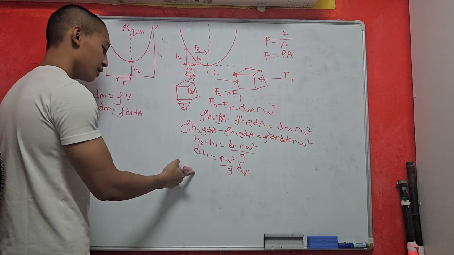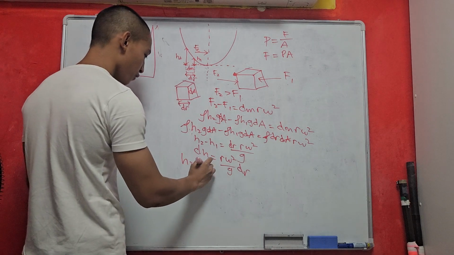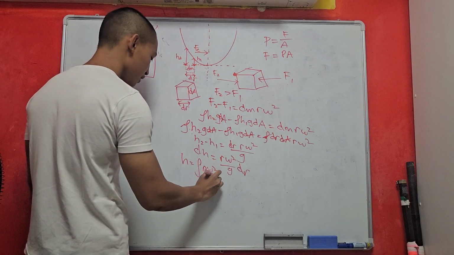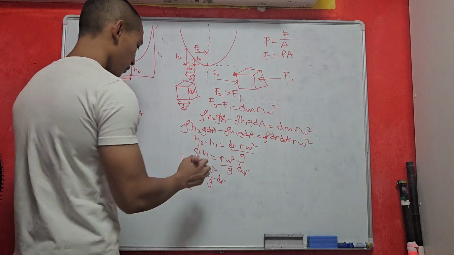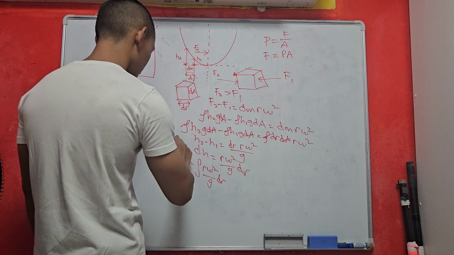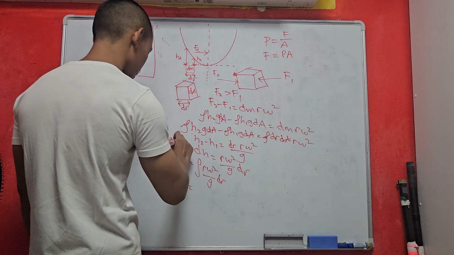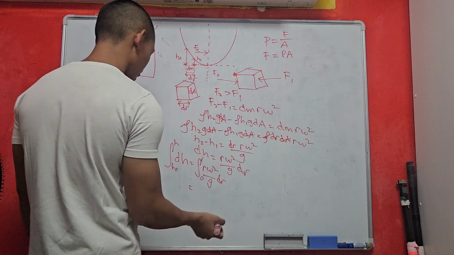And I can just find the function of h to be h equals the integral of r omega squared over g with respect to dr. So this is just the integral from h naught to h, and this is just from 0 to r.